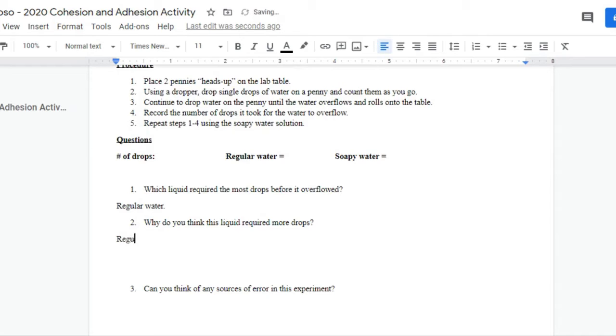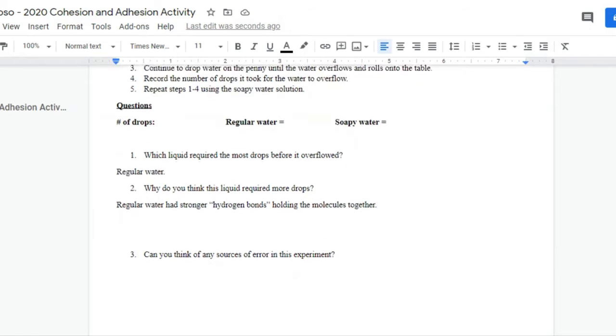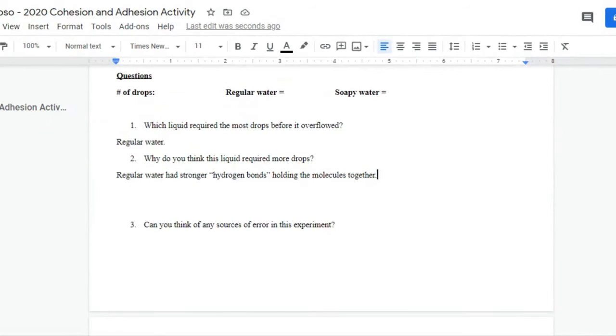Well, that's because regular water had stronger hydrogen bonds holding the molecules together. All right, so the regular water had stronger hydrogen bonds, where the soap actually interferes with those hydrogen bonds and doesn't allow the water to hold on to each other quite as strong.